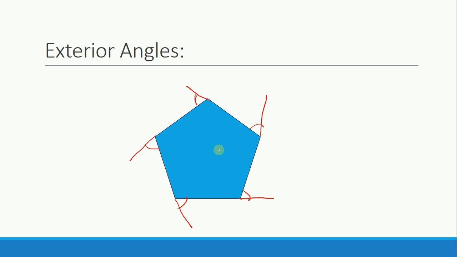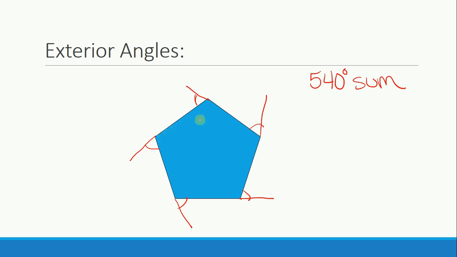Now let's figure out how many. Is there a formula for it or something like that? Well, this is a pentagon, right? And I know a pentagon has 540 degrees for a sum of interior angles. I'll go 5 minus 2 times 180.